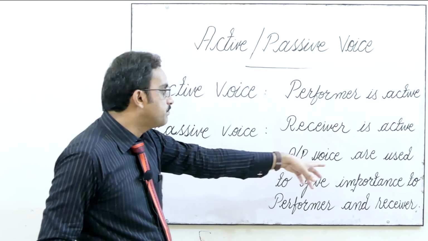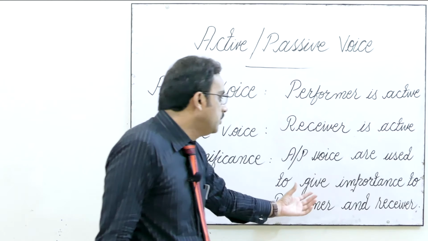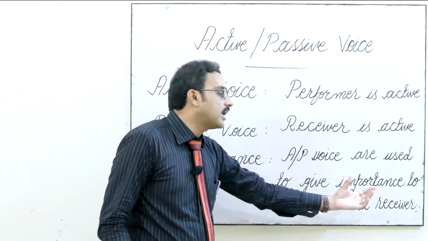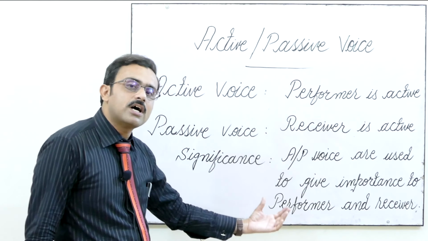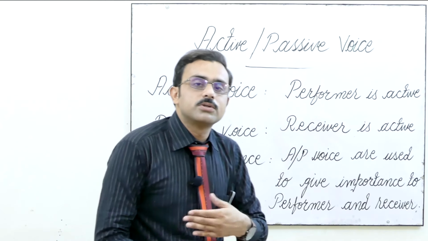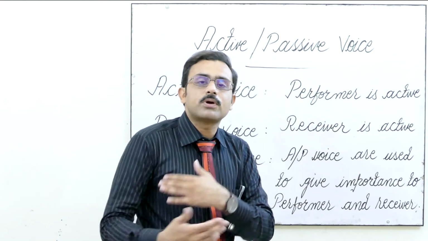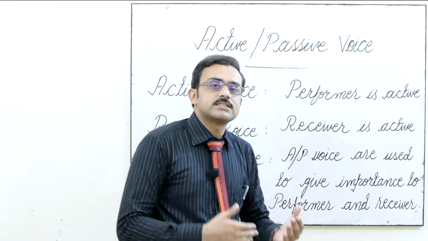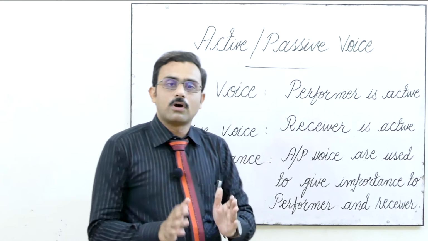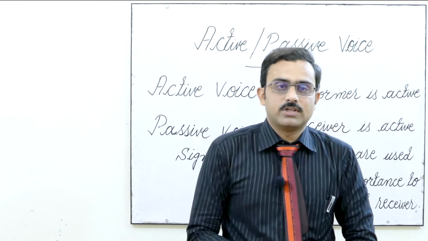So active and passive are basically used to give importance or prominence to performers and receivers. When performers are getting prominence, the sentences belong to active sentences. When receivers are having prominence, such sentences belong to passive sentences. Got that? So this was the difference between active and passive voice.